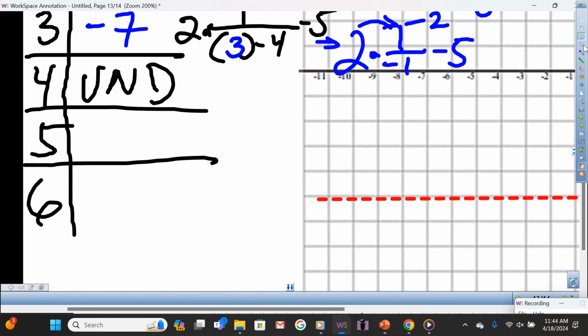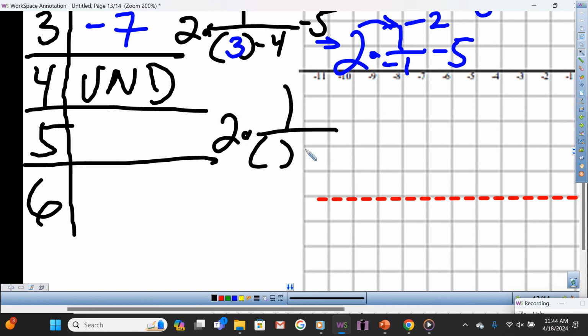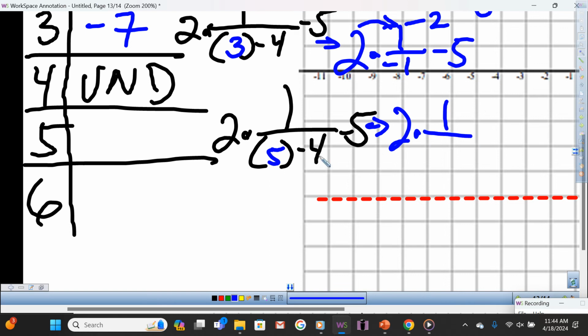Go to the last 2 values. 2 times 1 over 5. Martin, let's see. 2 times 1 over 5 minus 4 is 1. Distribute the 2 up here. So what is 2 divided by 1? Minus 5? -3.